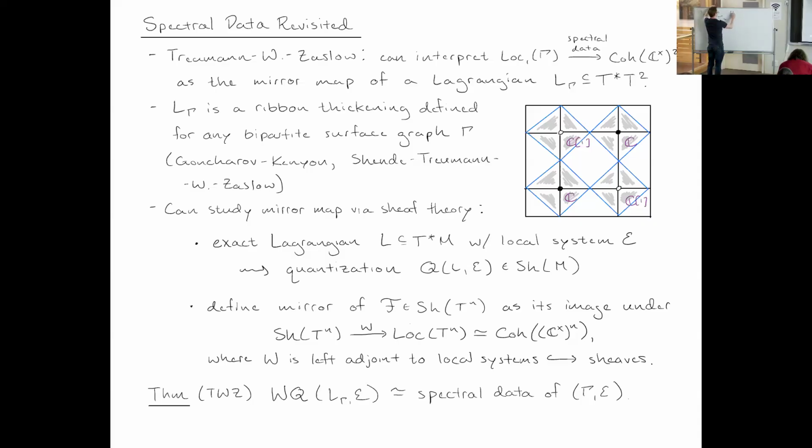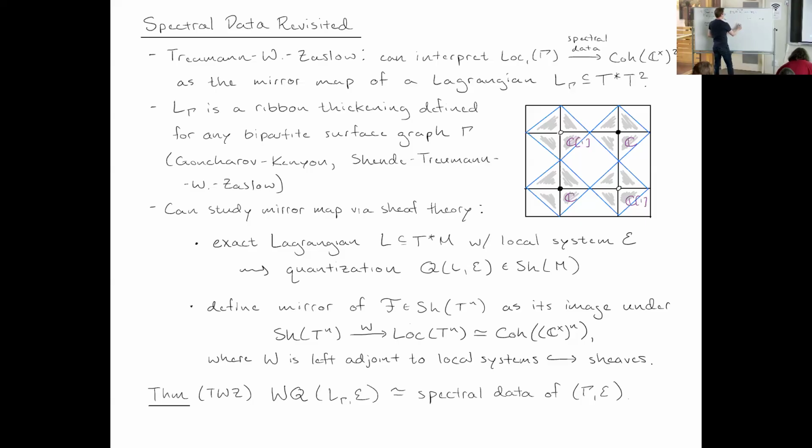Let's see, if I have the skyscraper at a point x, then I get the cotangent fiber at that point. Or in a picture, take M equals R, there's x, and there's that Lagrangian.